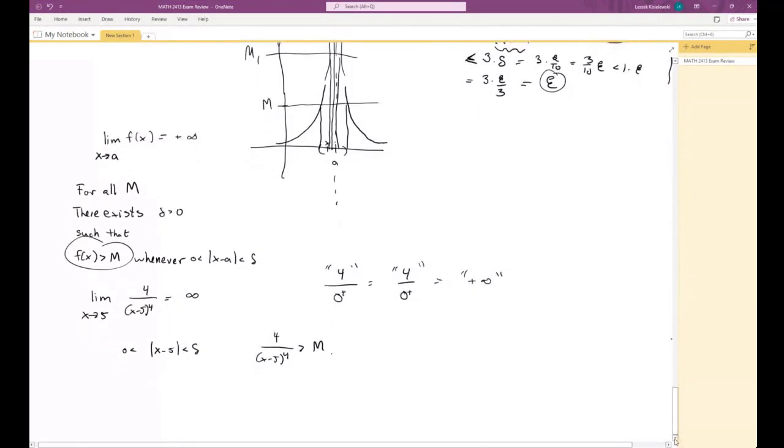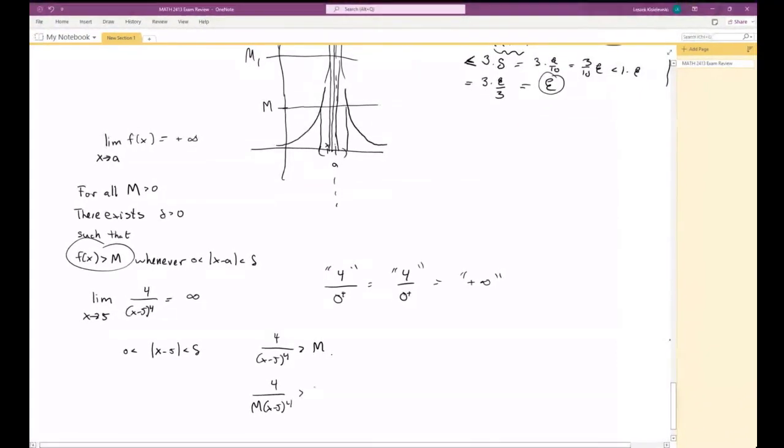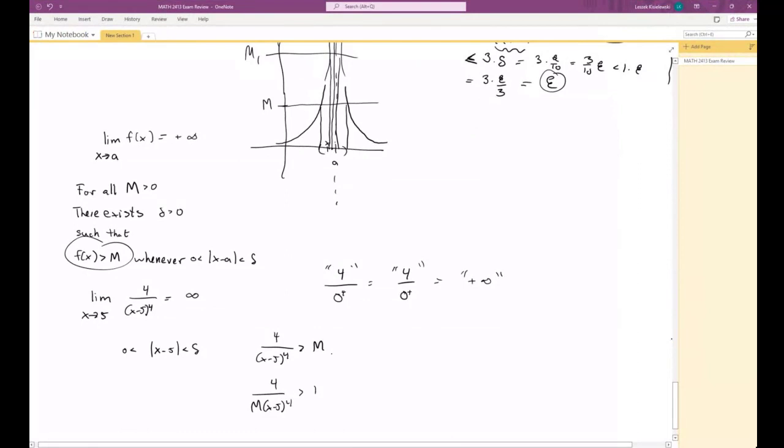So does anybody see how to manipulate one of these inequalities so that we can define delta in an appropriate way? Well, here, let's assume m is positive. Right, so we can divide both sides by m. Okay, and then we can multiply both sides by x minus 5 to the power 4.